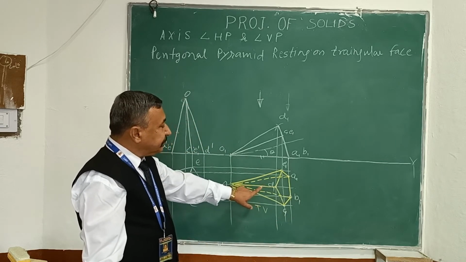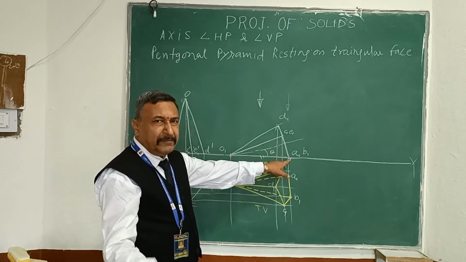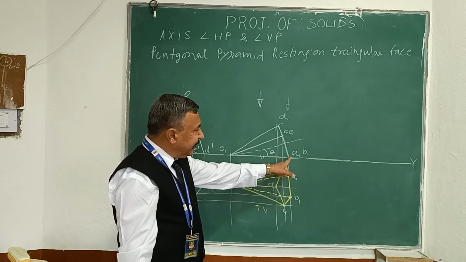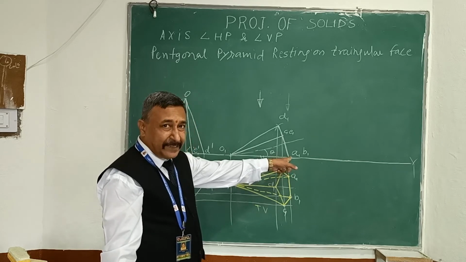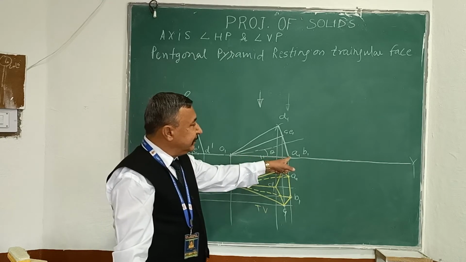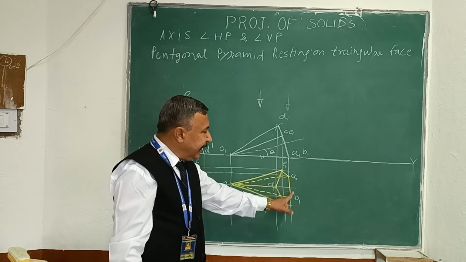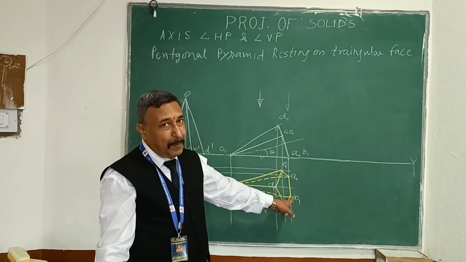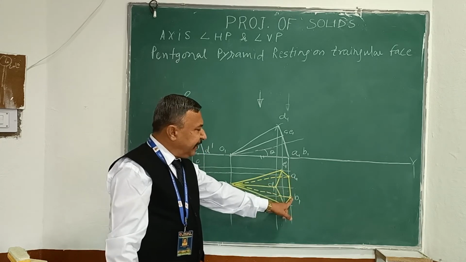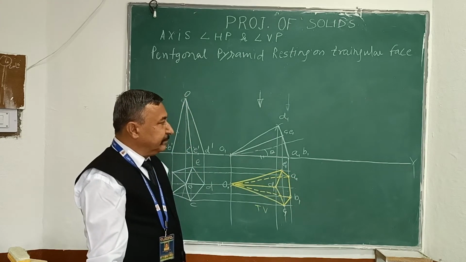But now the given is, we take whatever we can take. We take that the edge of base on which it is resting is inclined. So AB is inclined from VP.